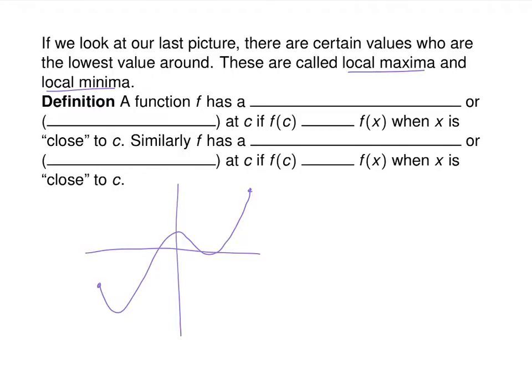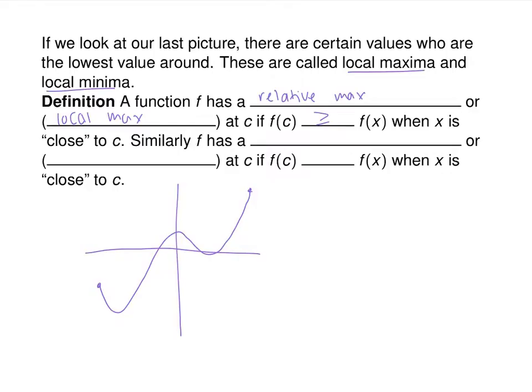All right, so a function has a, what's the word? It's called a relative maxima, or local max, if f of c is bigger than f of x when x is close to c.